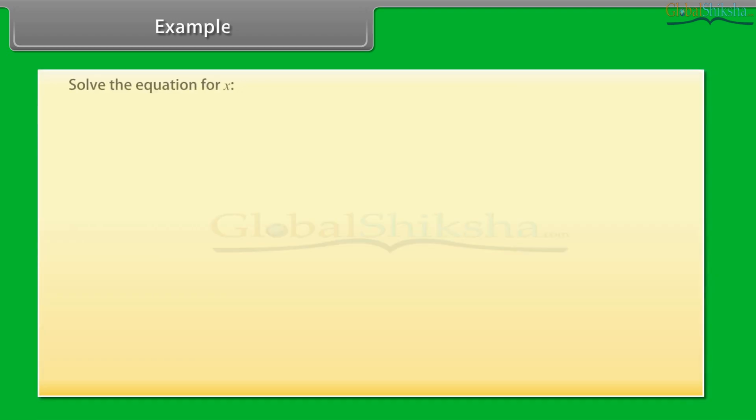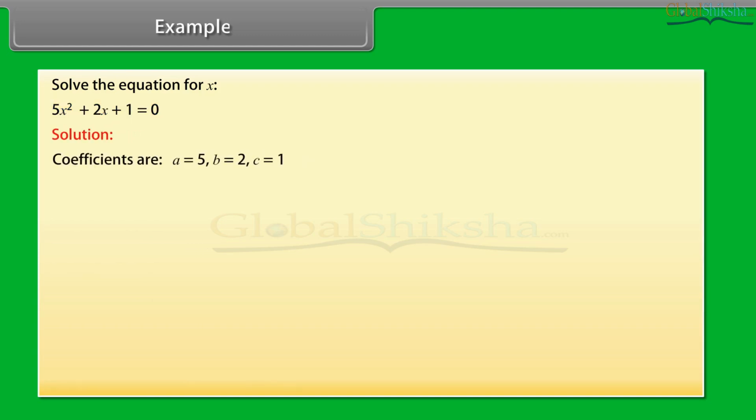Example. Solve the equation for x. 5x square plus 2x plus 1 is equal to 0. Solution. Coefficients are a is equal to 5, b is equal to 2, c is equal to 1. d is equal to b square minus 4ac. d is equal to 2 square minus 4 into 5 into 1 is equal to minus 16.